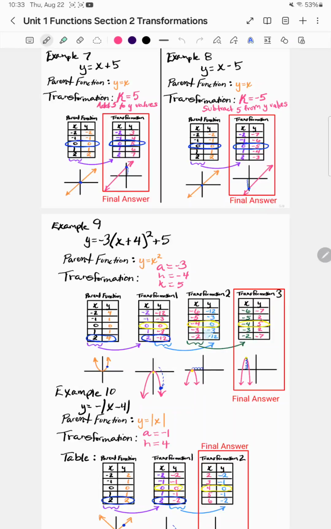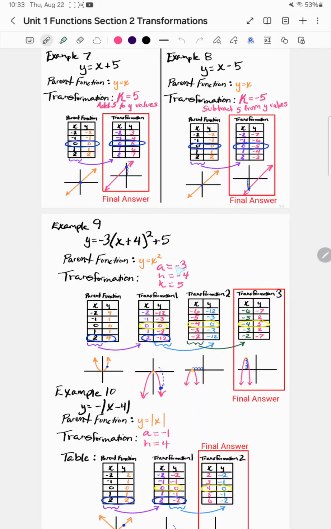And you can notice what's happened to the vertex again. You can see how it was here, and I've moved it up 5 spaces. So it went from negative 4, 0 to negative 4, 5. And this is now my final answer. I've done all 3 transformations. You can see what's happening in each transformation.